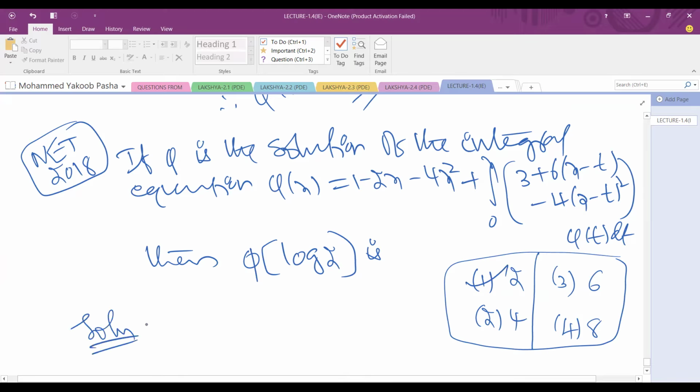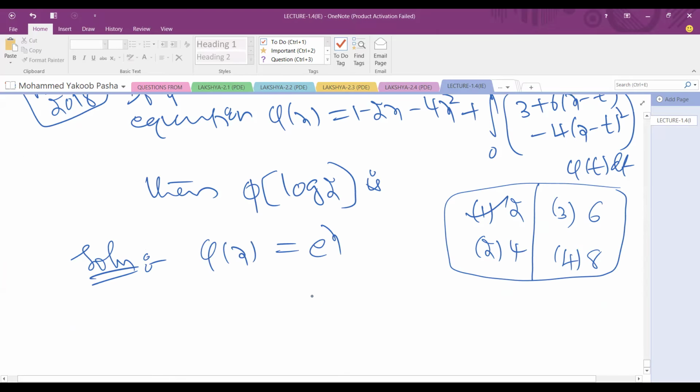What is the solution? Already we solved this problem. What is pi of x here? E power x. Okay. So this is equal to e to the power of log 2 to the base e kabatti this becomes 2. So 2 is the right option.